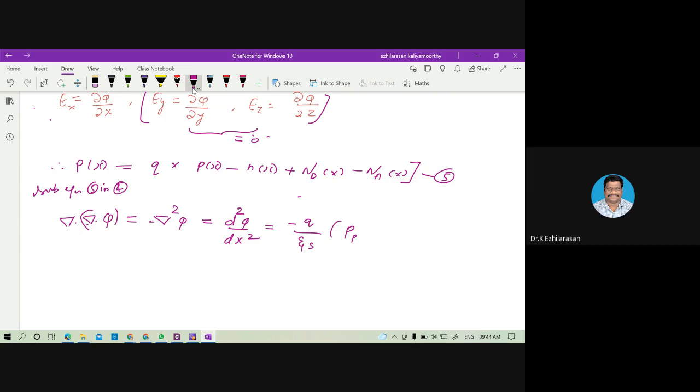I am writing p of x as p suffix p, then n suffix p, and plus Nd minus Na. So this will be the expression, equation number 6.